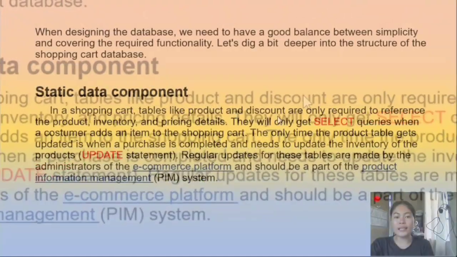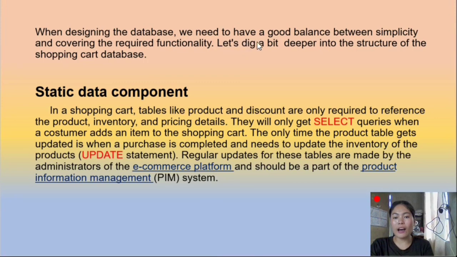So, when designing the database, we need to have a good balance between simplicity and covering the required functionality. Let's dig a bit deeper into the structure of the shopping cart database. So, it's a static data component. In a shopping cart, tables like product and discount are only required to reference the product, inventory, and pricing details.